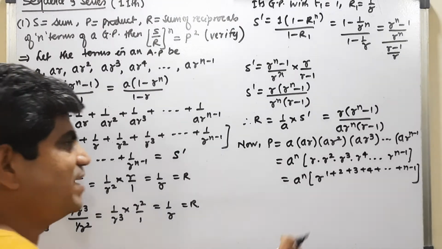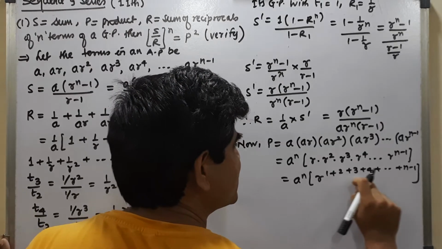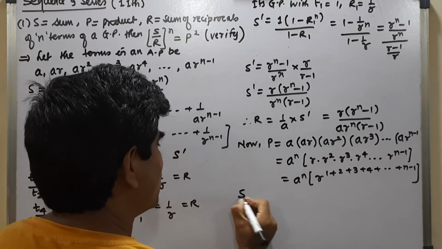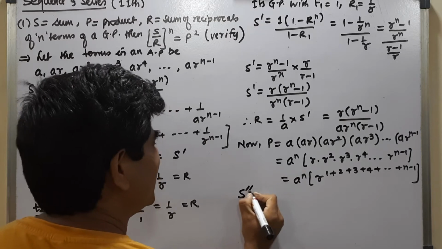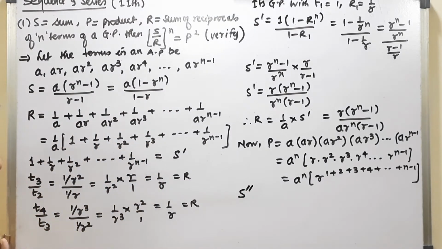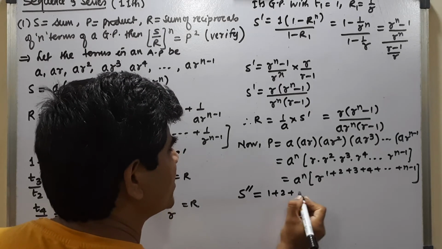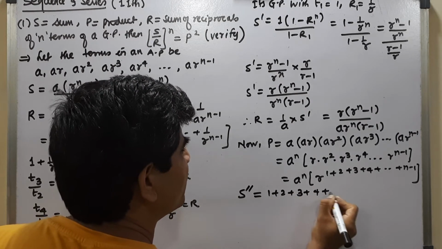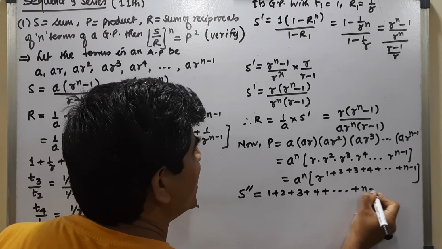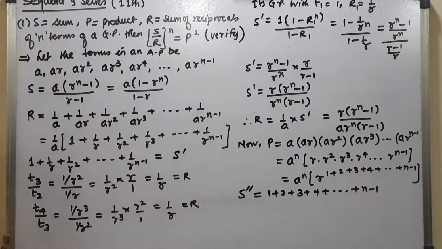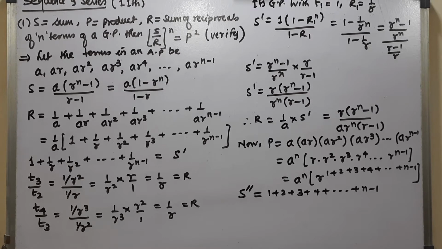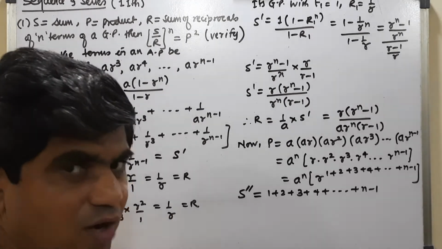So here let this be called S double dash. Okay. So S double dash is nothing but 1 plus 2 plus 3 plus 4 plus up to n minus 1. Okay. So here your nth term is n minus 1, and if you see here, it is an AP normally.